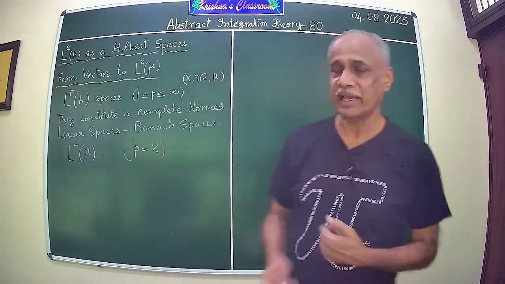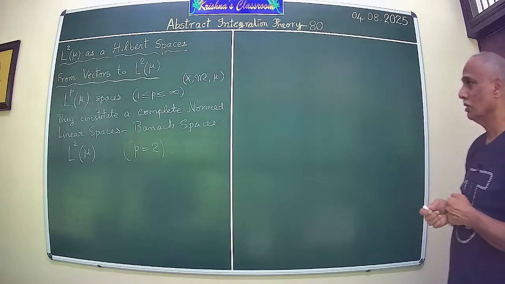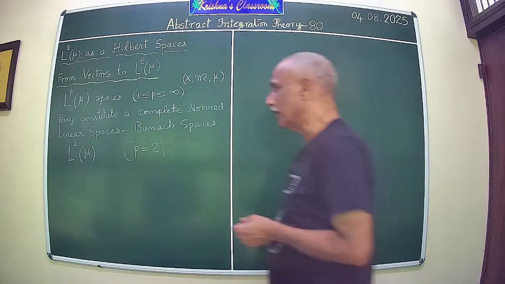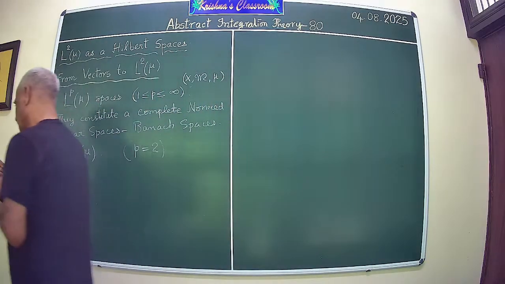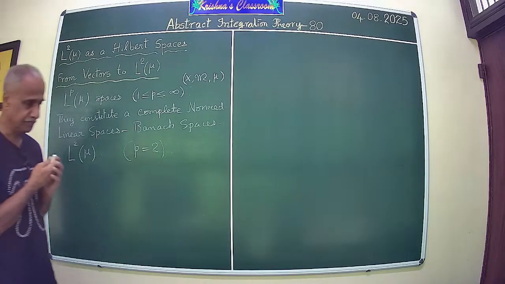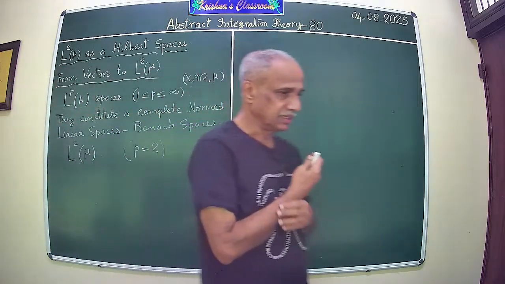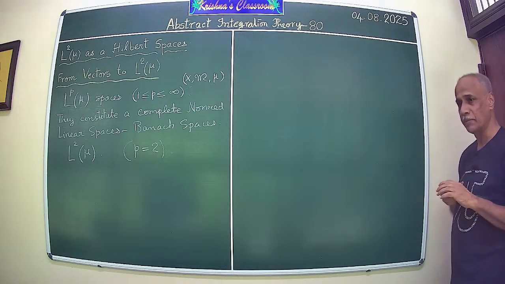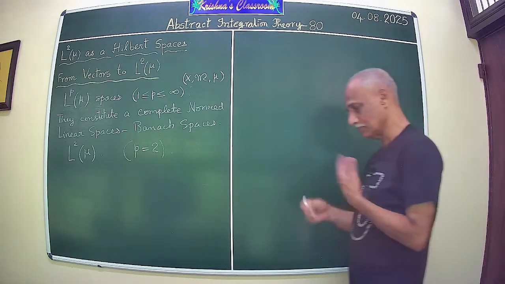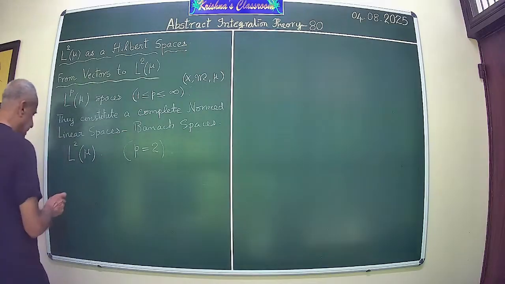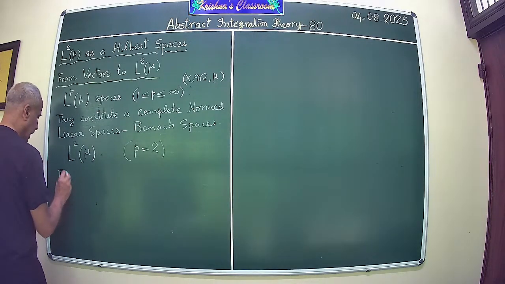And before we look at LP, L2 mu, look at the classic two or three dimensional vectors. You can look at their structures. So what we are interested in is the so-called R2.